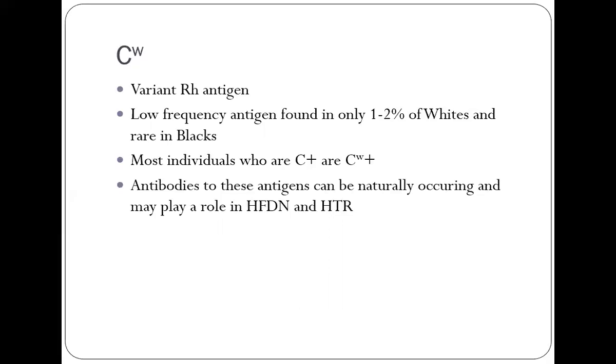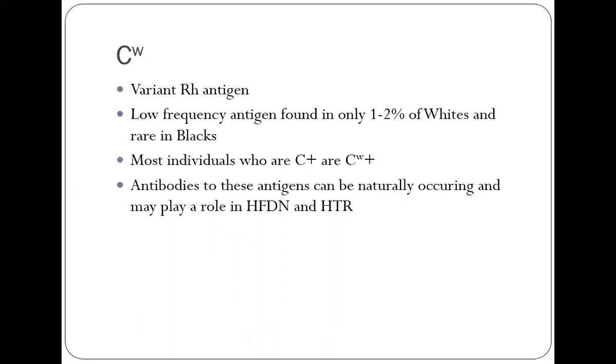But most individuals who are positive for this antigen are also positive for the big C antigen. So generally, if a person does develop an antibody to this antigen, it's because they lack the big C antigen as well.